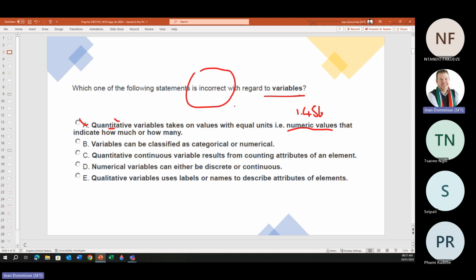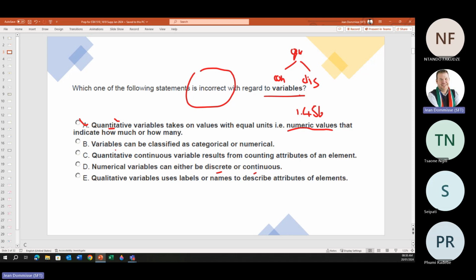I think it's important, and I will share my summary pages again, so that you can see the quantitative, continuous and discrete types, because you will see something coming through in a question as well.